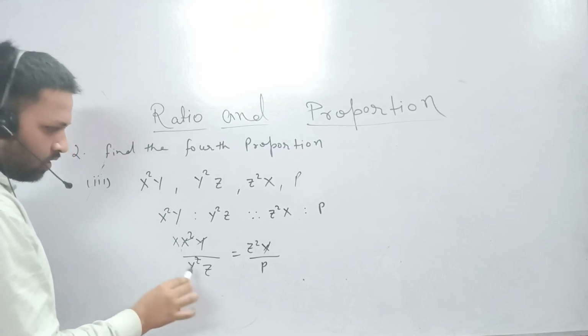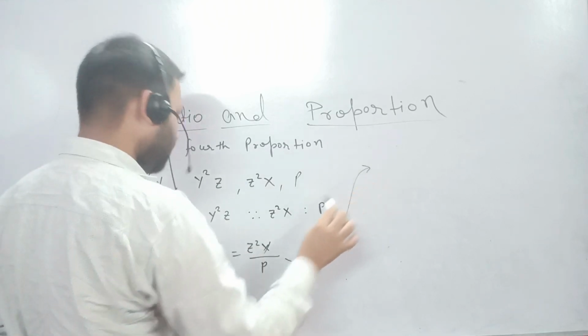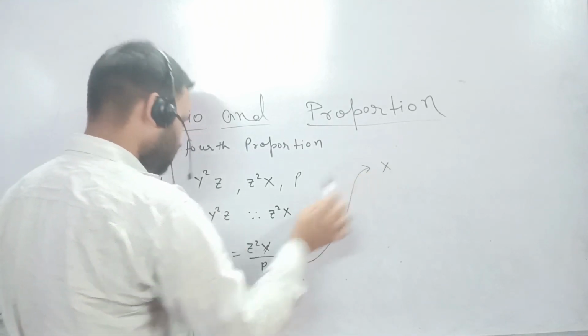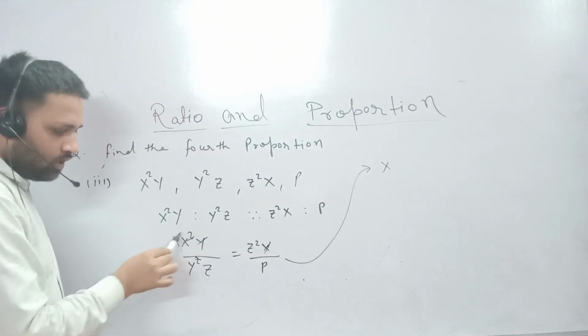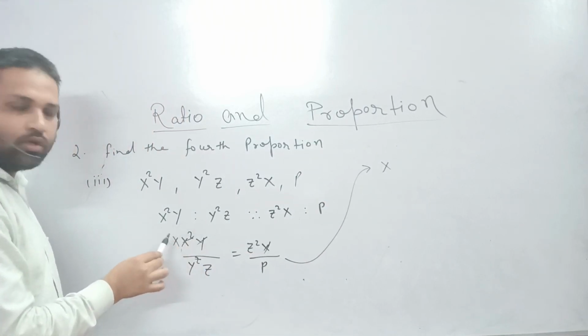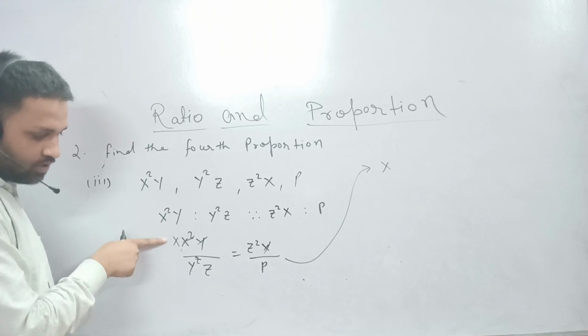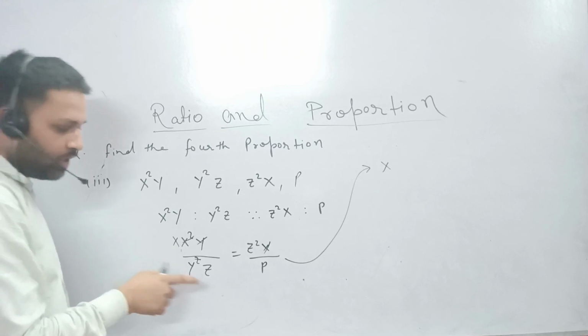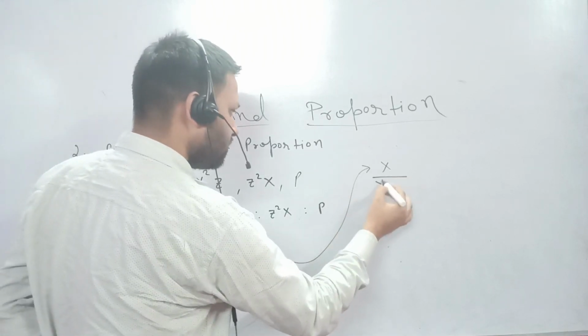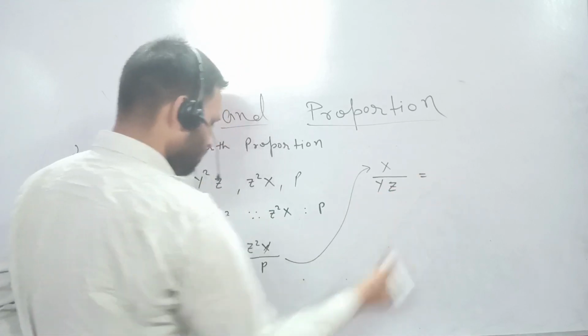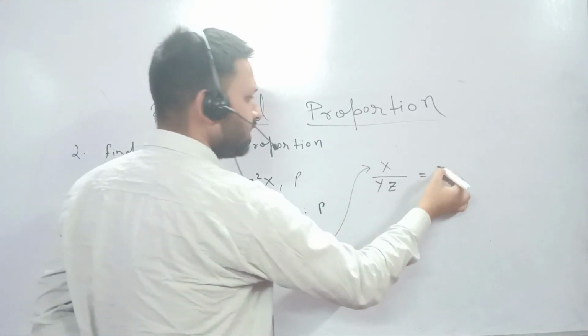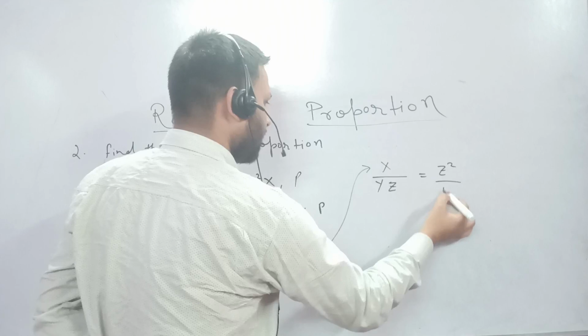Now in the second line, we can write x. Only x is remaining in the numerator, and in the denominator y and z are left. Now here z square is left, and write p here.